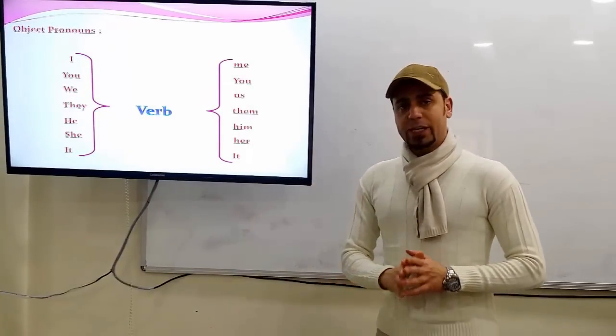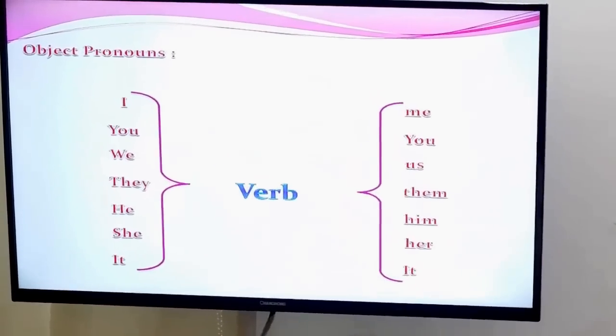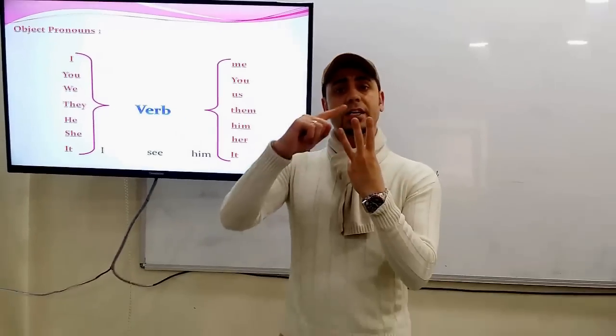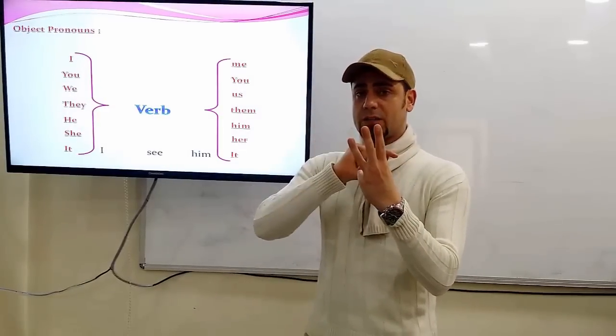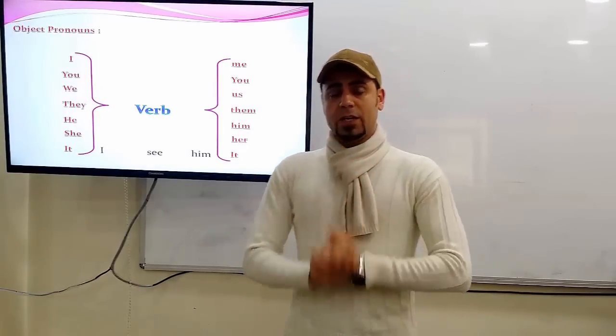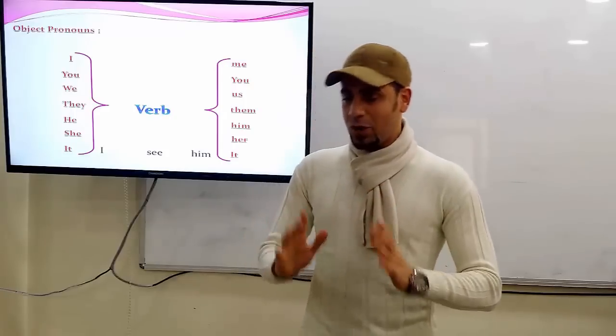After the verb, it is object. Here's an example. I see him. I, subject, verb, object. This is the end of our class for today.